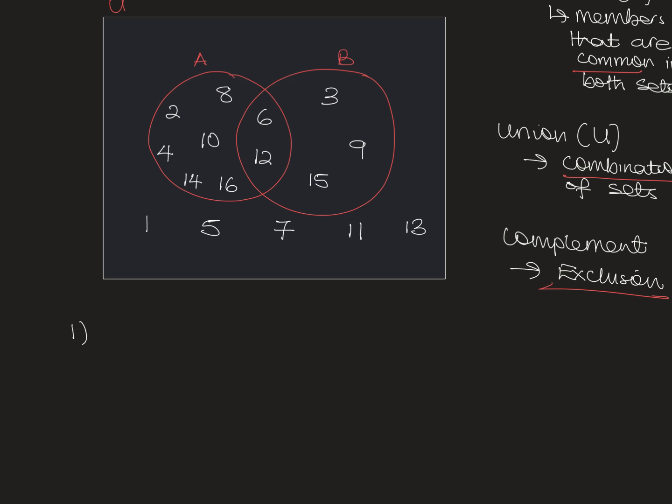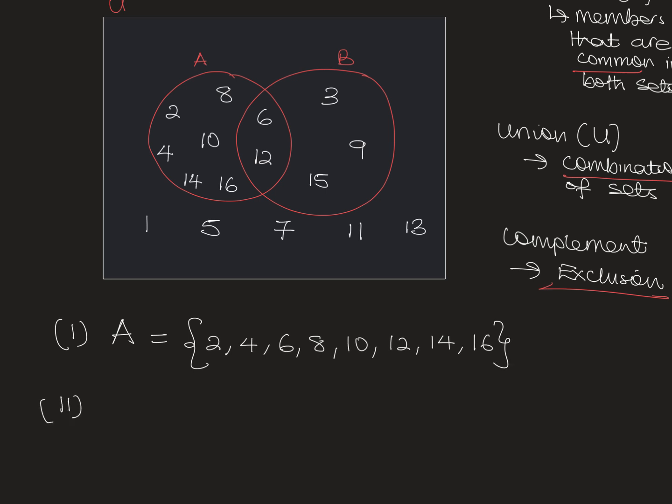For the answer of question 1, it says members of A. So what are the members of A? Those are the members that we have here. We write them down again: 2, 4, 6, 8, 10, 12, 14, and 16.